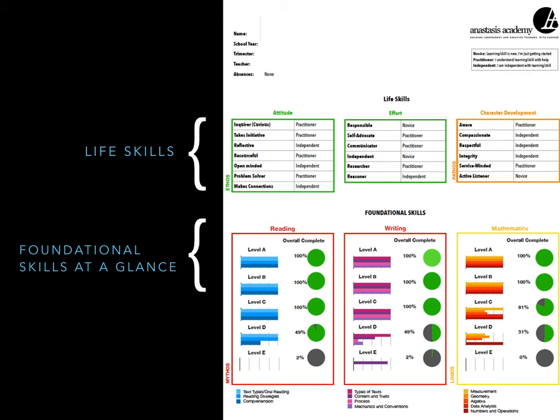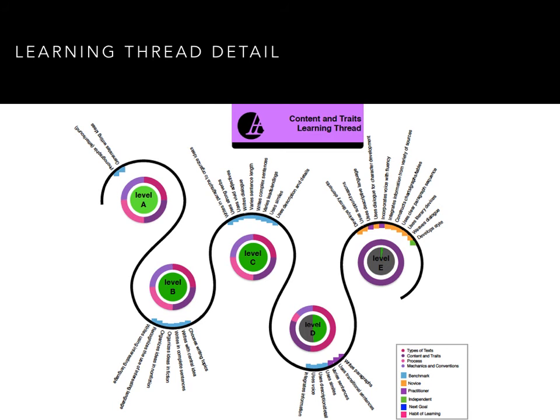That's what the rest of the upgrade report will show you. So within the writing, you will be able to go to actually content and traits, and you'll be able to see which standards have been mastered and which standards the student is still working on. So that looks just like this. So content and traits is what we broke down.